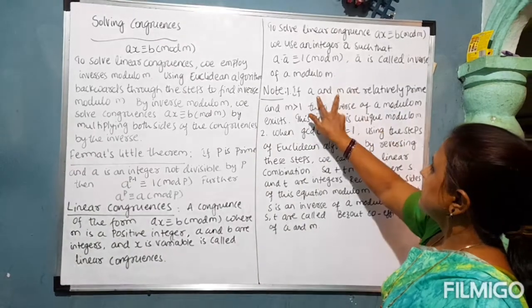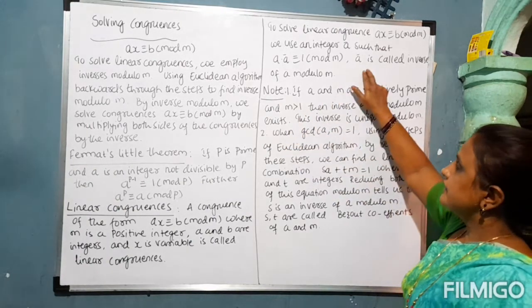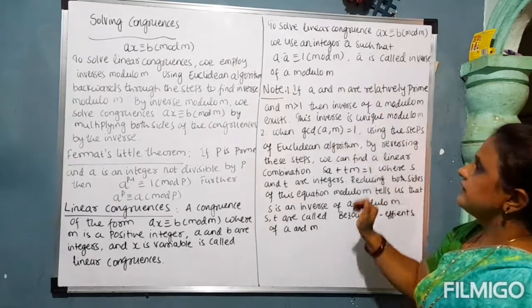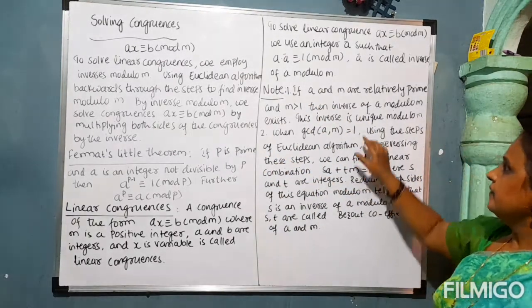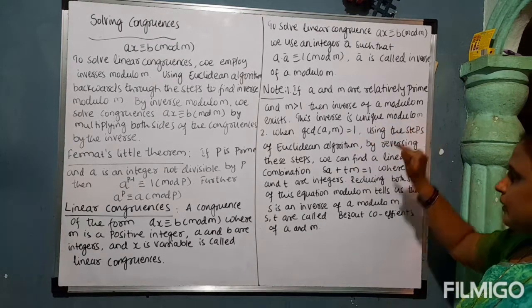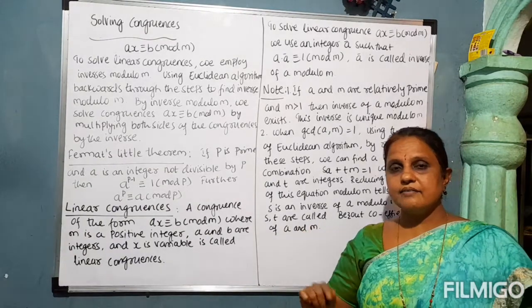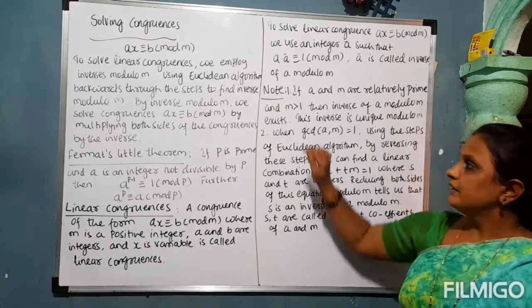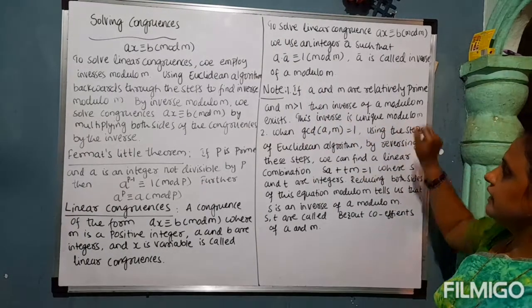When these two are relatively prime, the inverse exists, and when the inverse exists it is easier to solve a linear congruence. Generally the inverse is unique modulo m. Inverses may be many, but there is only one inverse which is less than m. So this inverse is unique.